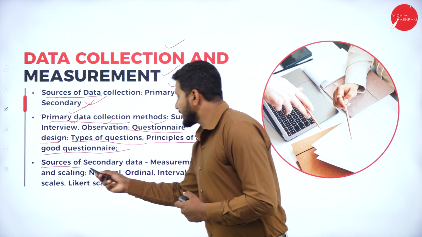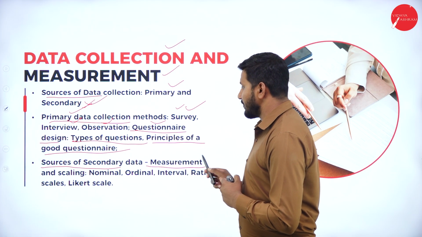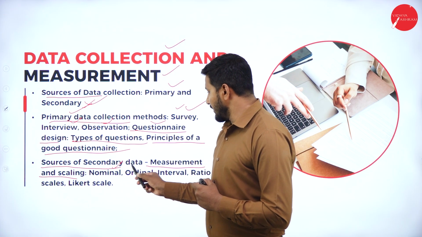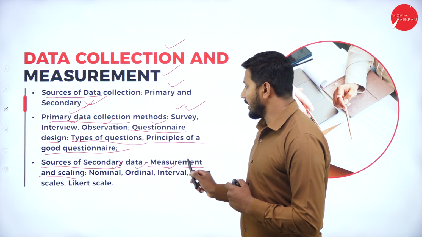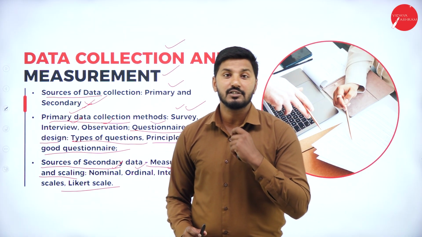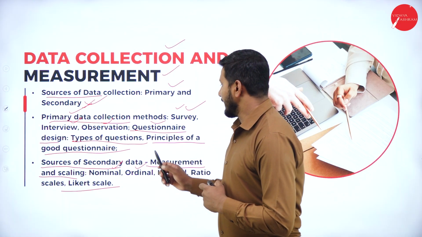From sources of secondary data collection, we will know the measurement and scaling techniques. In that there will be nominal, ordinal, interval and ratio scales along with the Likert scales.